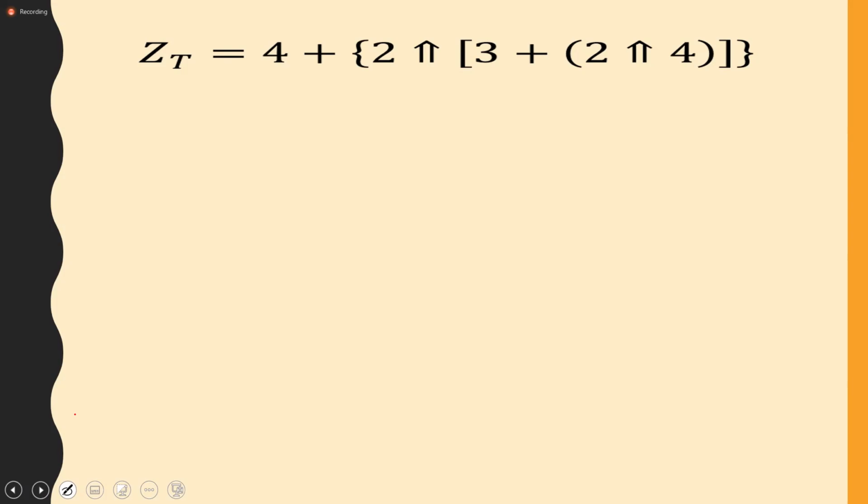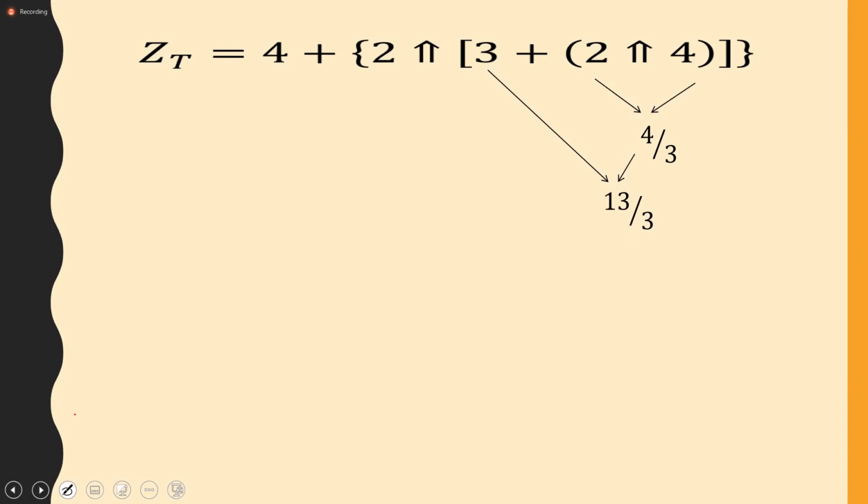So from here, we simplify the 4 and the 2 in parallel. We get 8/6 or 4/3. I add 3 to that, and I get 13/3.